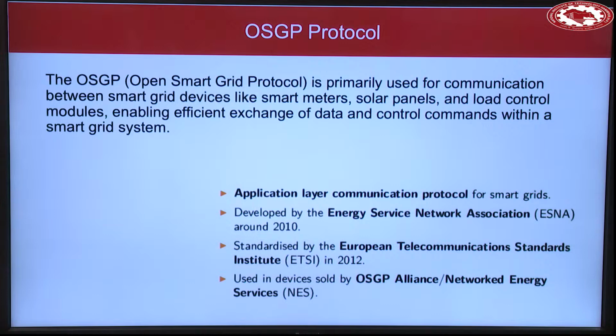Again, there are a number of standardization bodies around the world, mostly European and American. The American body mostly is NIST, the National Institute of Standards and Technology, and the Europeans have their own for telecommunications and other things. This OSGP protocol is used in devices sold by OSGP Alliance members or network energy services.